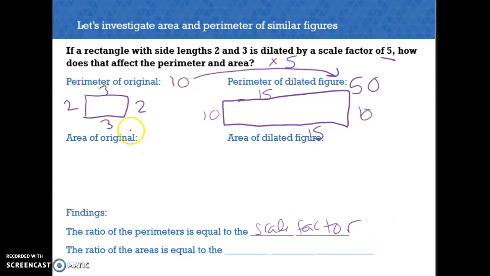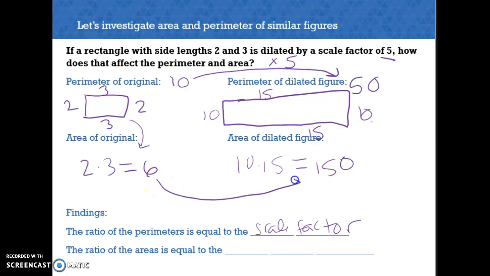Let's think about area, though. The area of the original would just be length times width, 2 times 3, which is 6. The area of the dilated one is much larger. The area of the dilated one is 10 times 15, so 150. What did we have to multiply 6 by to get to 150? You can find out by dividing 150 divided by 6, and that'll tell you what you multiplied by.